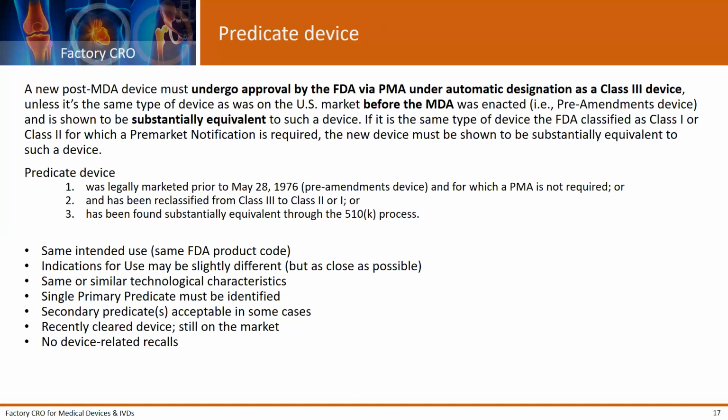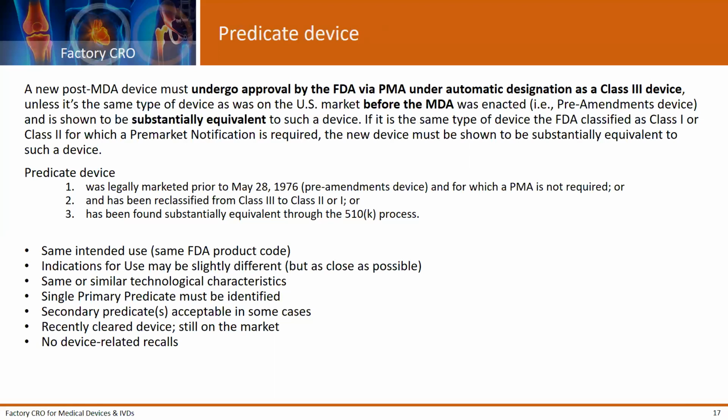So basically, you are looking for a device already on the market that has the same intended use, meaning the same FDA product code. The indications for use might be slightly different, but should be as close as possible. The device should have similar technological characteristics. And you should identify a primary predicate.